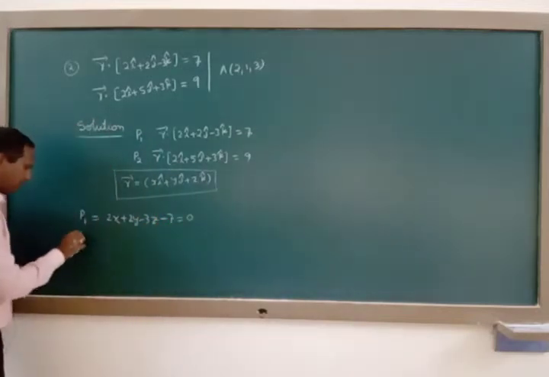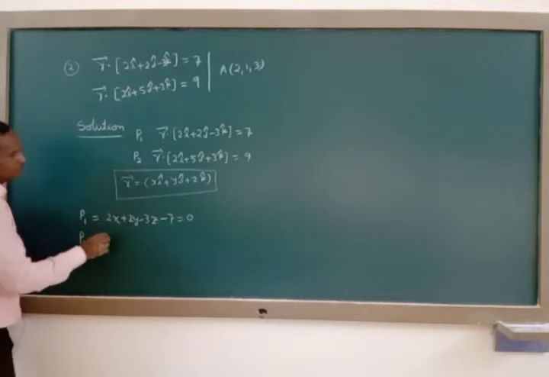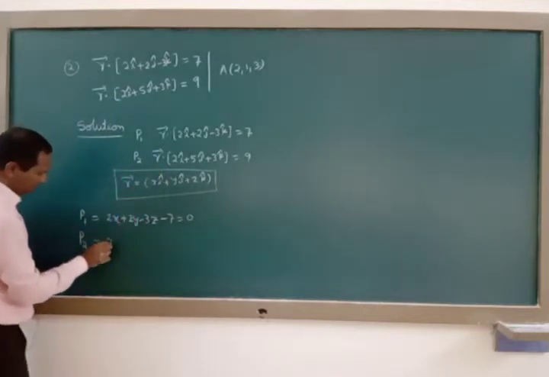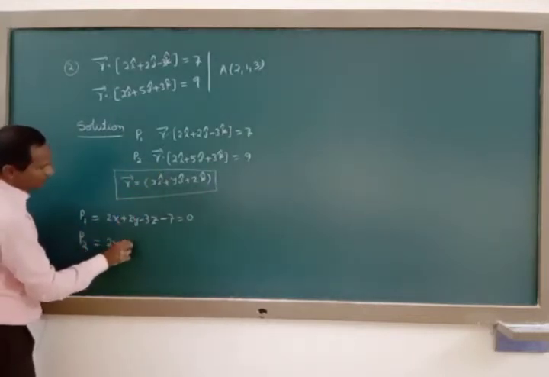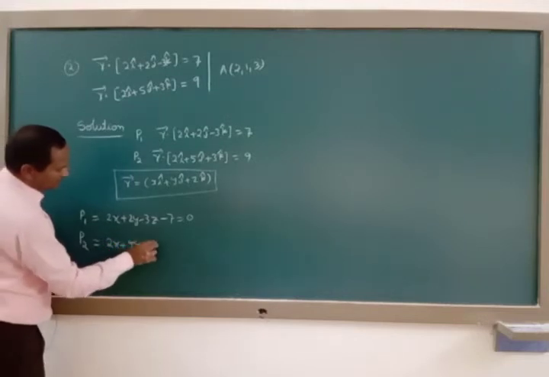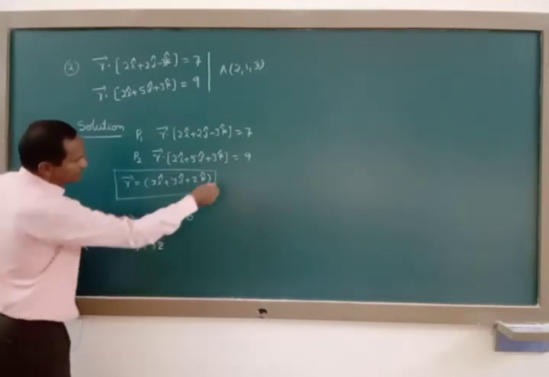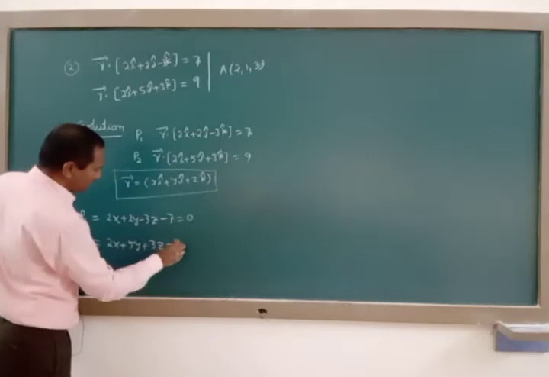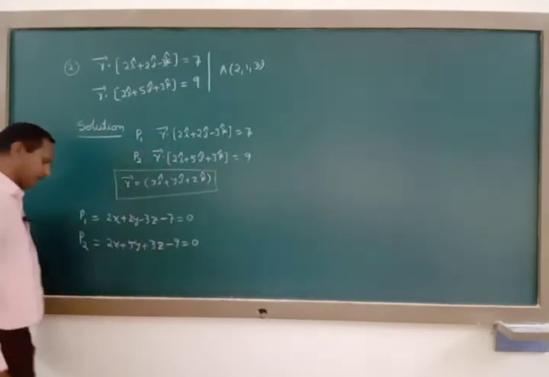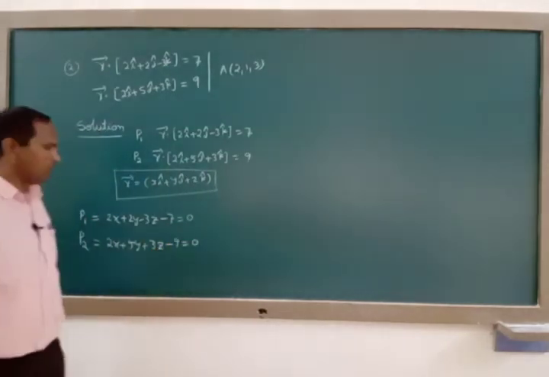Next, the second plane P2 also becomes 2x plus 5y plus 3z, send 9 this side, minus 9 is equal to 0. Then afterwards the same procedure you have to apply.